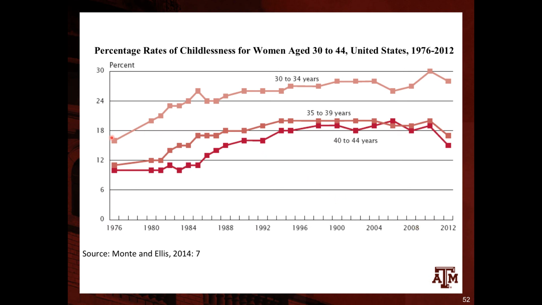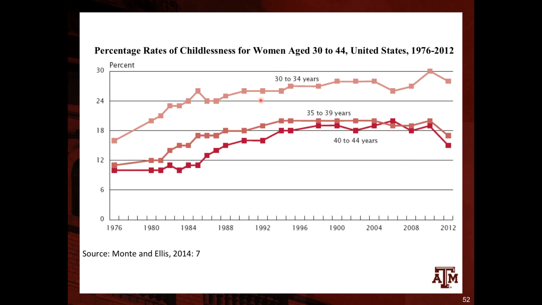And of course, younger women have higher rates of not having children at all, but maybe these women who are 30 to 34, as they get older, might tend to have children when they reach 35 to 39 or 40 to 44, and even in older ages. But even within those who are 30 to 34, you see an increase in the percentage of those that don't have children. And the same thing for those 35 to 39 and 40 to 44.